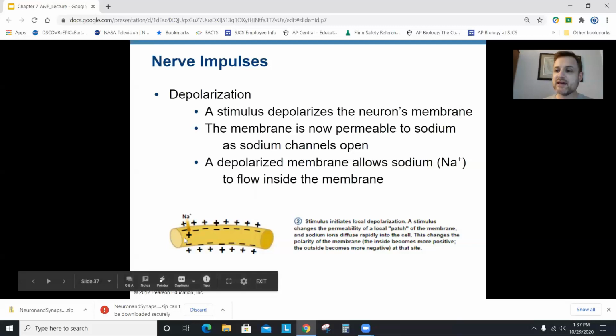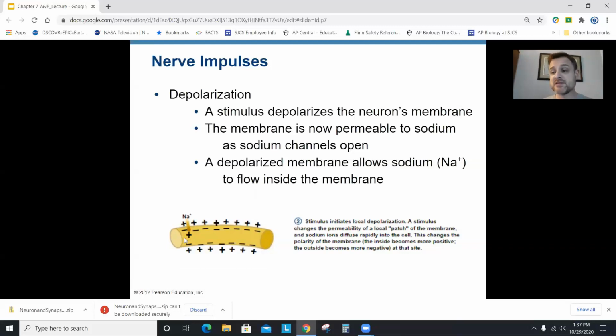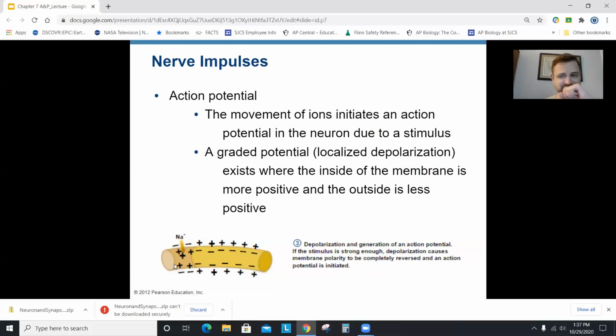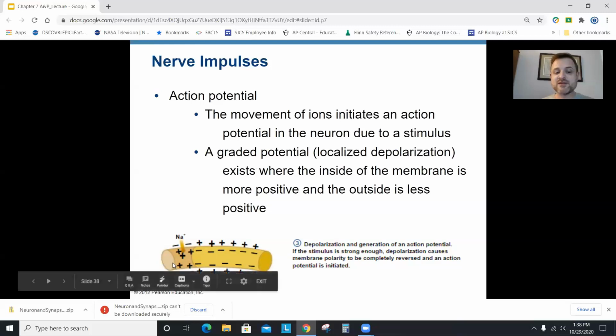When sodium comes in, it makes the left side of that neuron, in comparison, positively charged, because sodium is positively charged. So this begins a depolarization of that neuron. Look at this slide: the signal keeps getting bigger. If the signal is large enough, its effect causes other sodium channels to open, and the whole left-hand side of the neuron becomes depolarized.